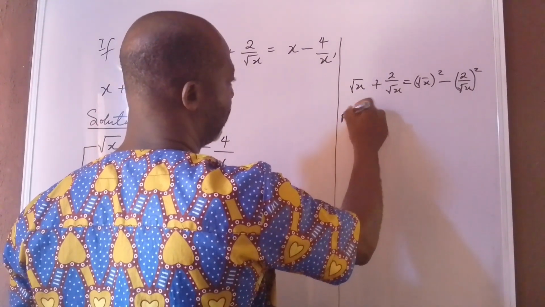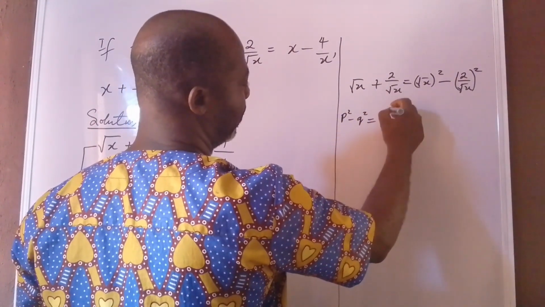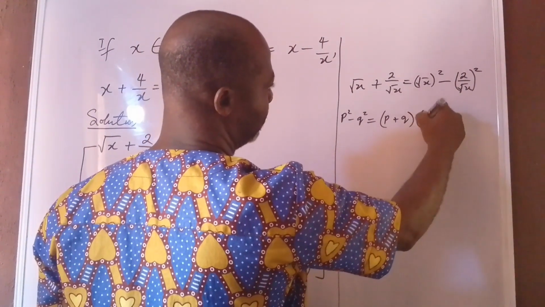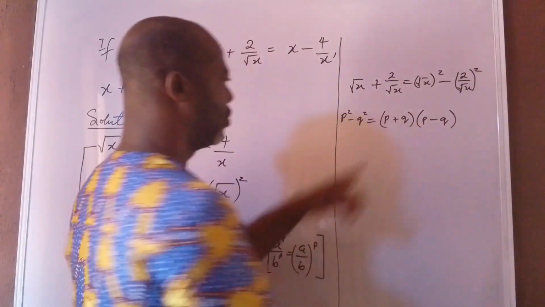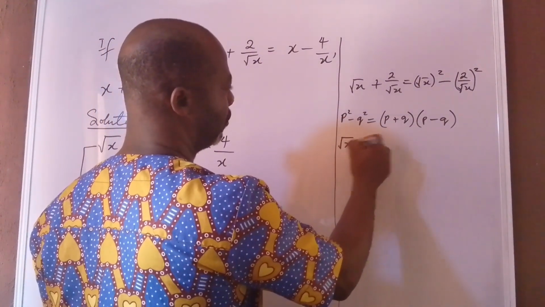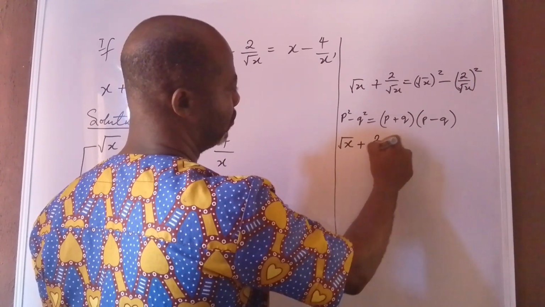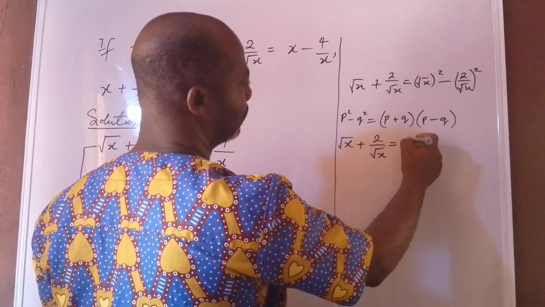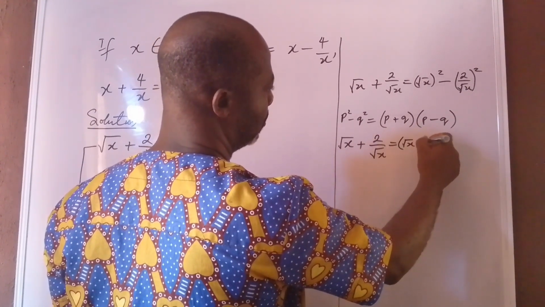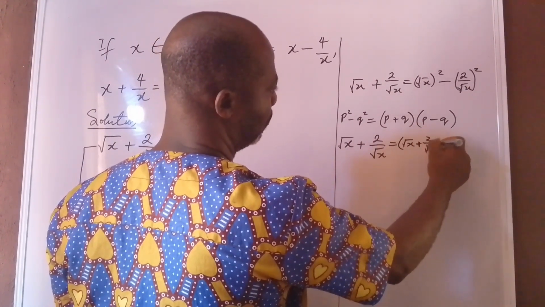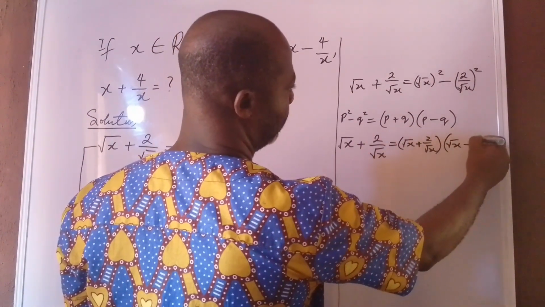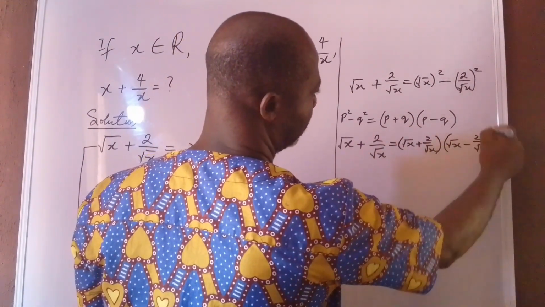If I have p squared minus q squared, this will give p plus q times p minus q. Applying to the right hand side, we have square root of x plus 2 over square root of x equal to root x plus 2 over square root of x times root x minus 2 over square root of x.